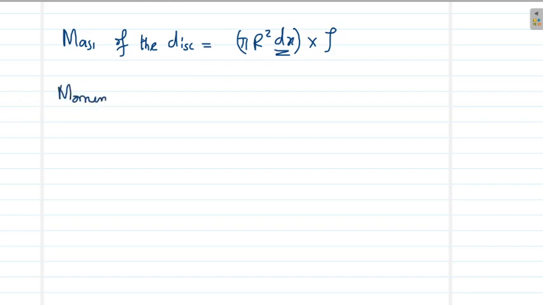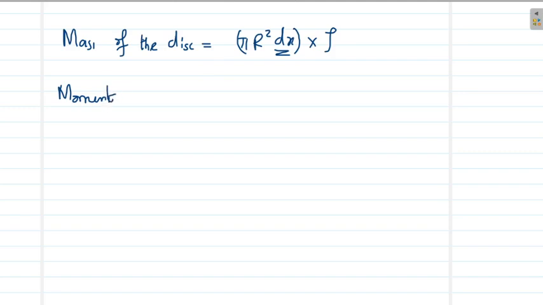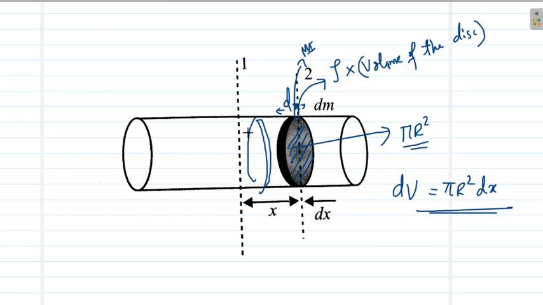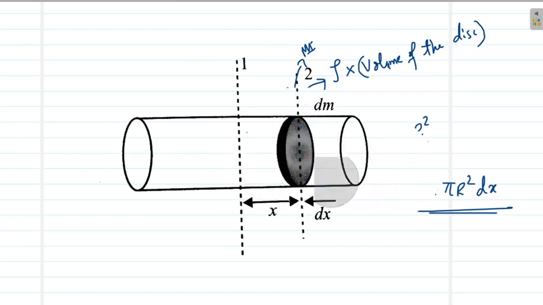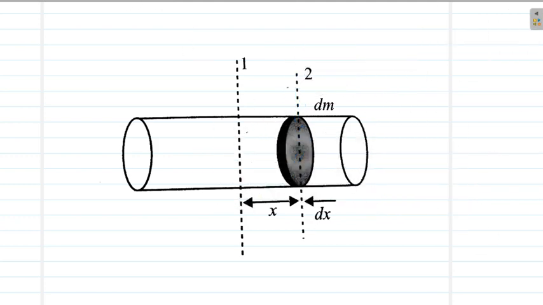So, the moment of inertia which is to be calculated can be found out using the parallel axis theorem. Because in this situation, you cannot directly find the moment of inertia of this disc about this axis 1.